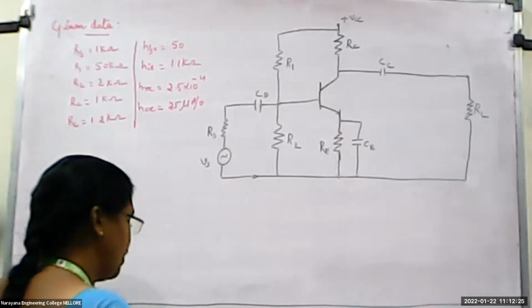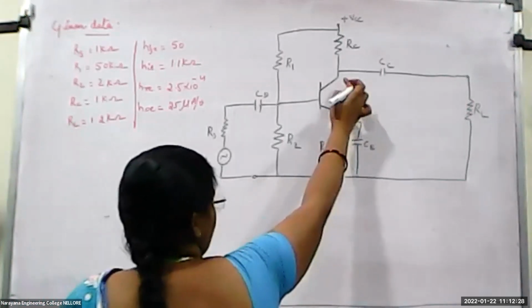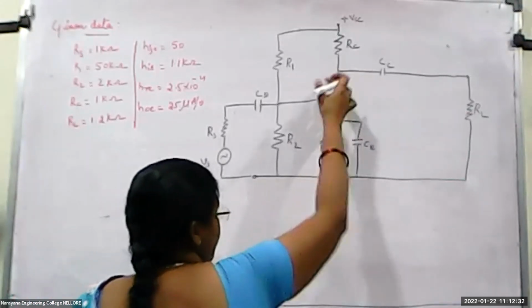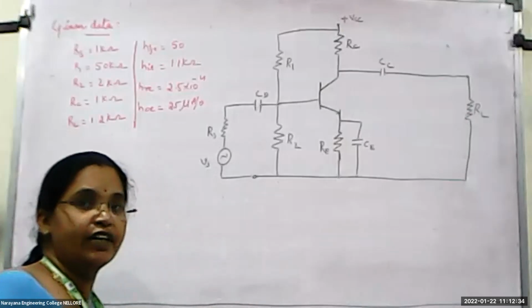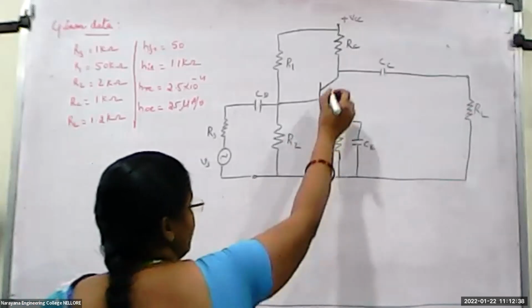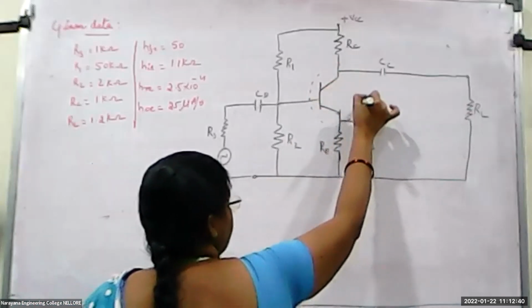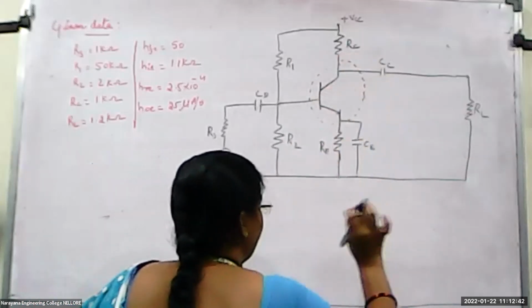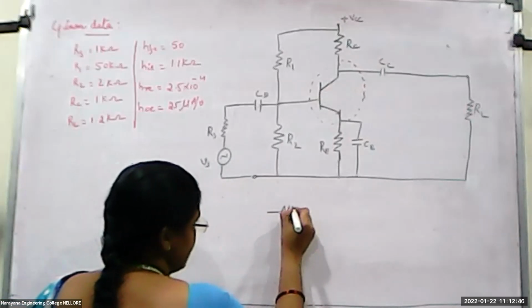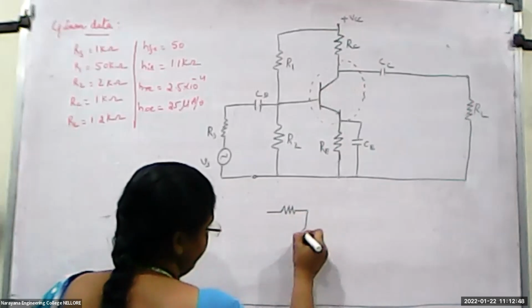Now redraw the circuit. When analyzing the circuit, first draw the transistor equivalent circuit in terms of the h parameter hybrid model. So this is the transistor. For this transistor we are drawing the equivalent circuit.